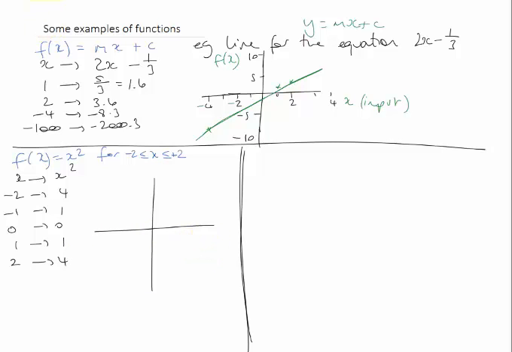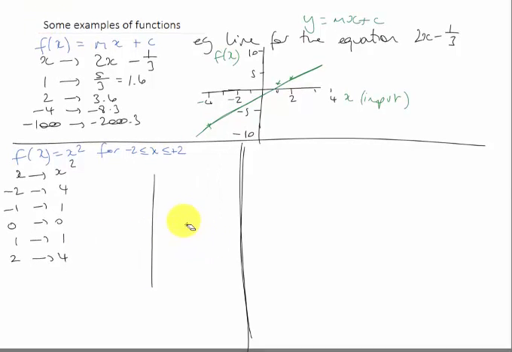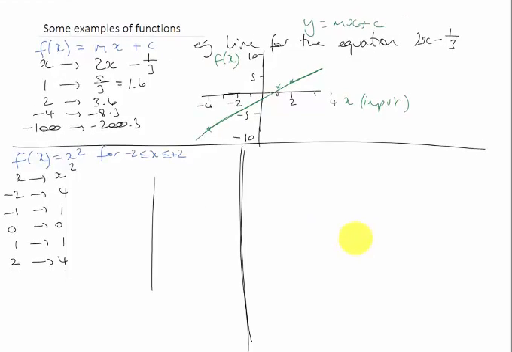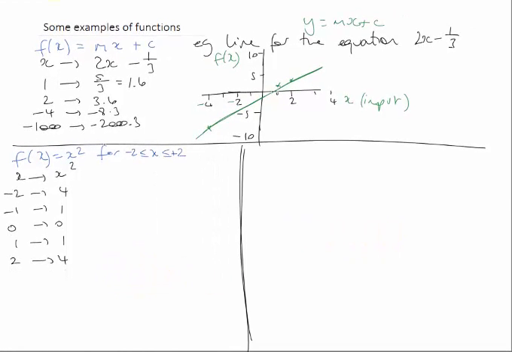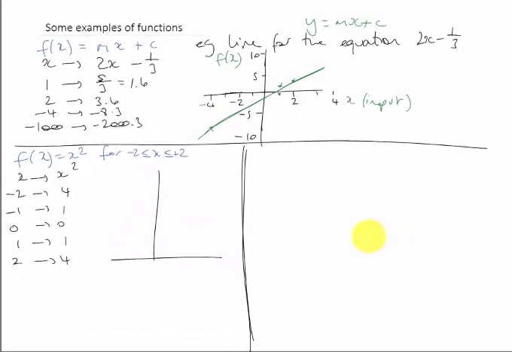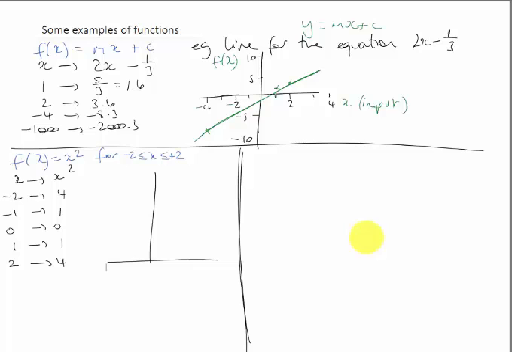So in fact, let's not draw it like that. You'll notice that none of our y values are negative, so we can give ourselves some space, draw it like that. There we go. Let's draw some of these on.